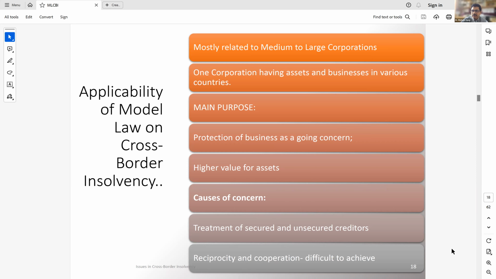However, there are certain causes for concern, and these are the treatment of secured and unsecured creditors in different countries. The rules may be different, the law may be different for the treatment of who are secured and who are unsecured, as in India. During the resolution process, there is generally no classification made between secured and unsecured creditors. Rather, the distinction is between operational and financial creditors.